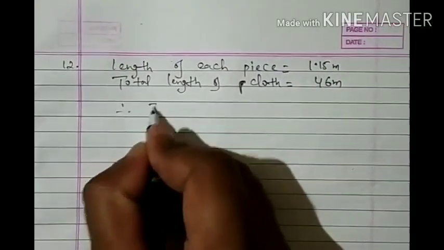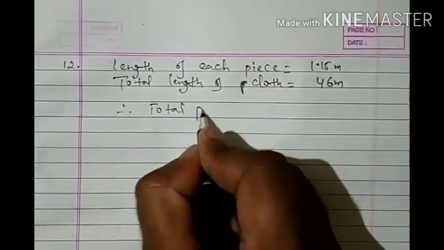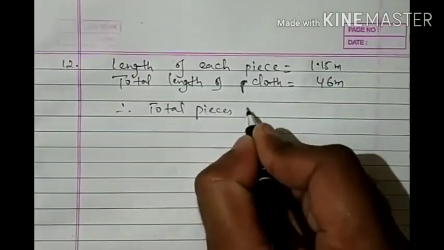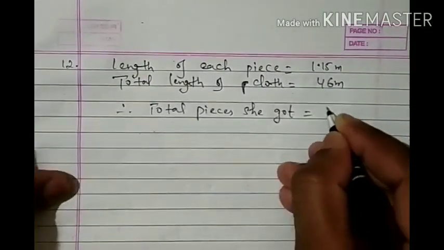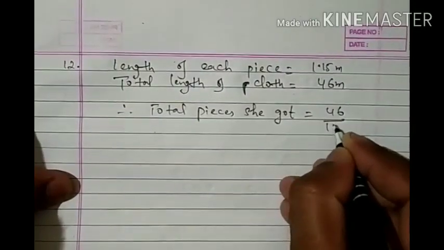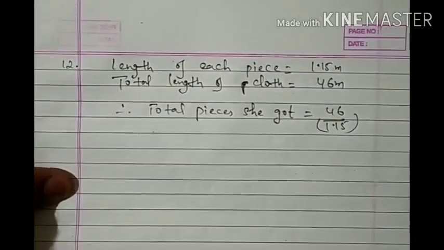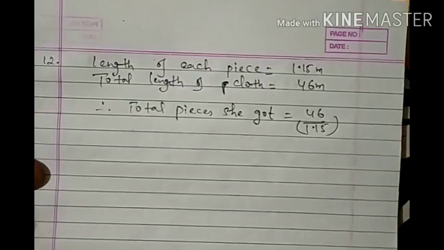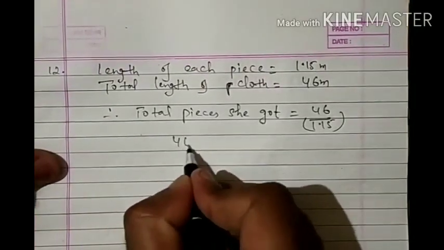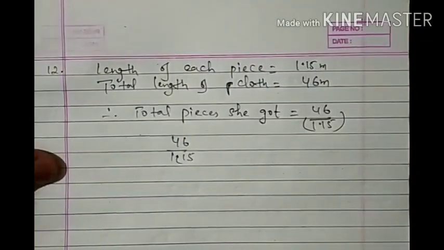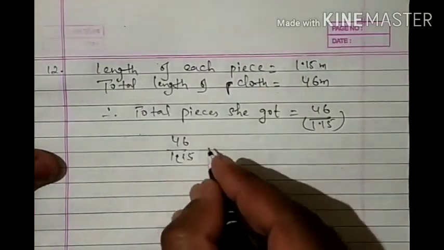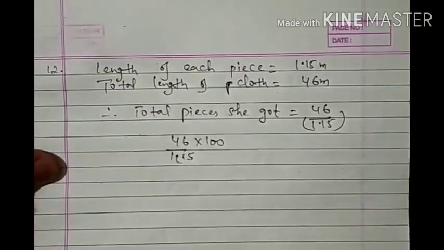Therefore, total pieces she got is equal to 46 divided by 1.15. I hope it is clear to everyone. We can divide 46 by 1.15. If we remove the decimal, what do we get? Ones, tens, 100.